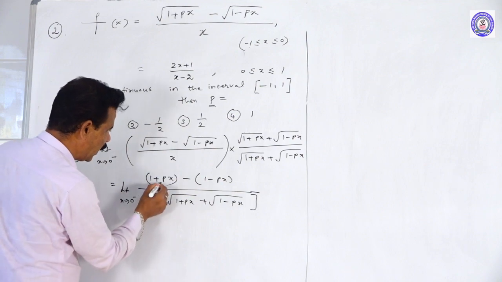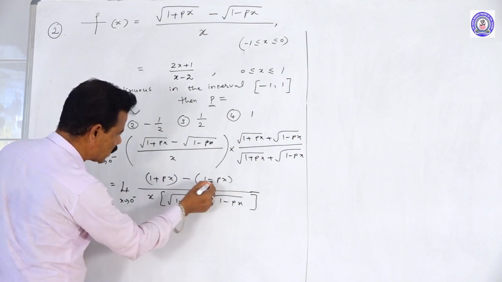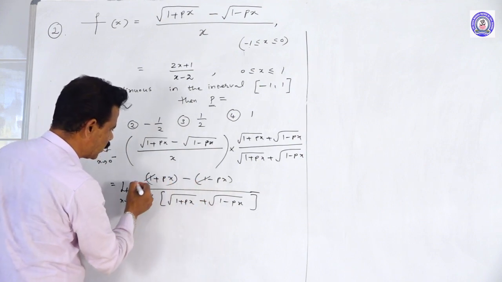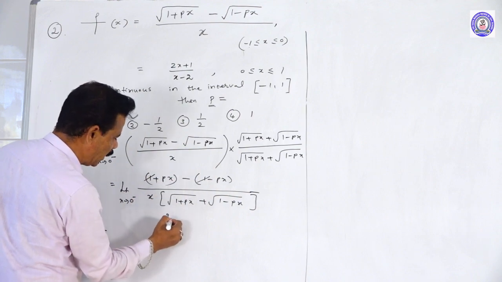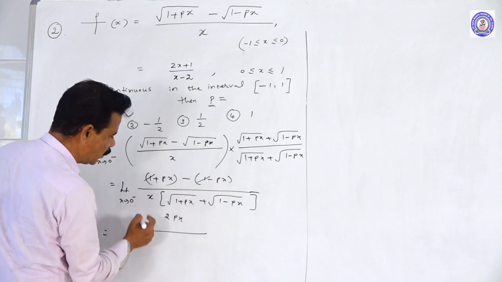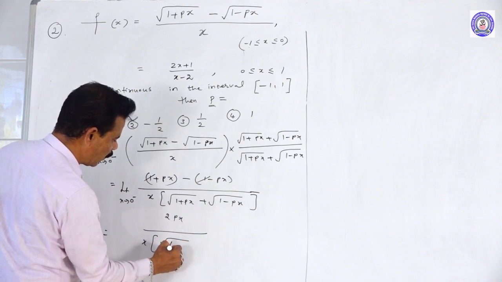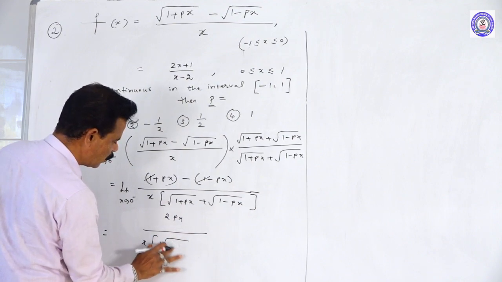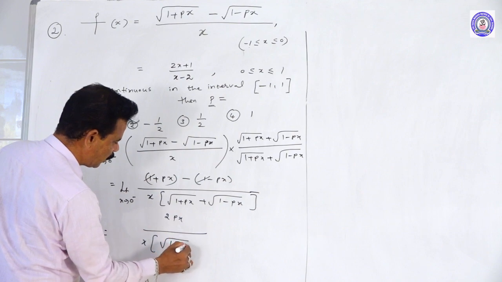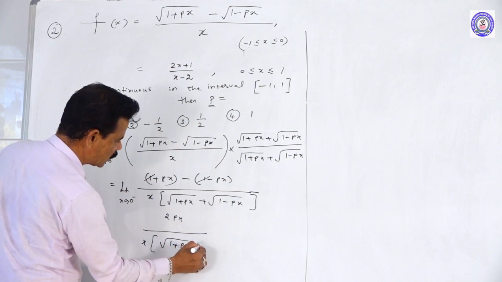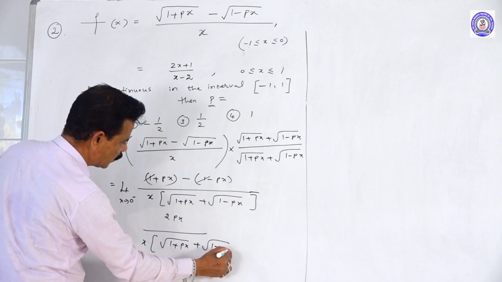So here px, here plus px, 1 is cancelled. So above 2px, below x into (root of 1 plus px plus root of 1 minus px).